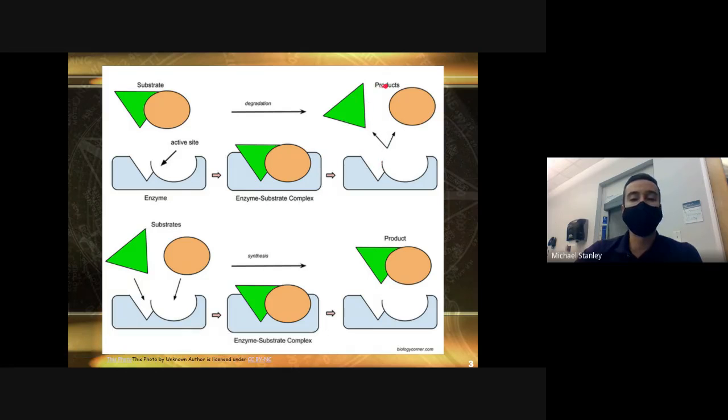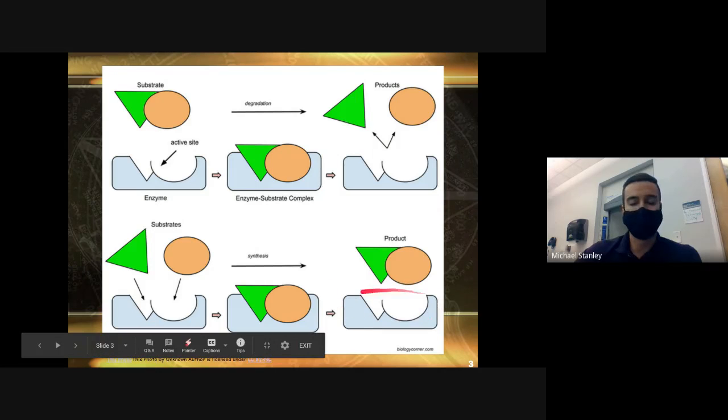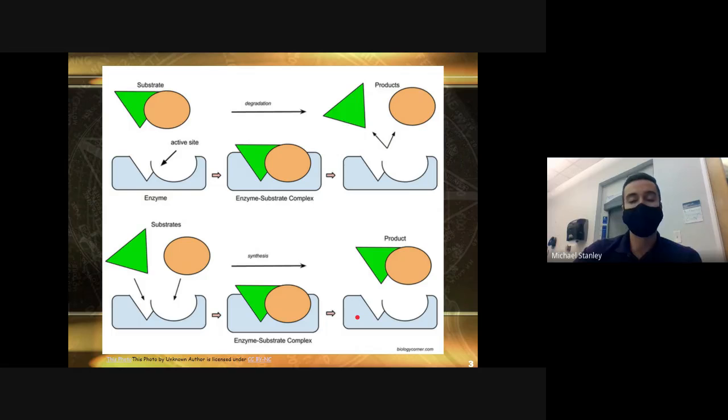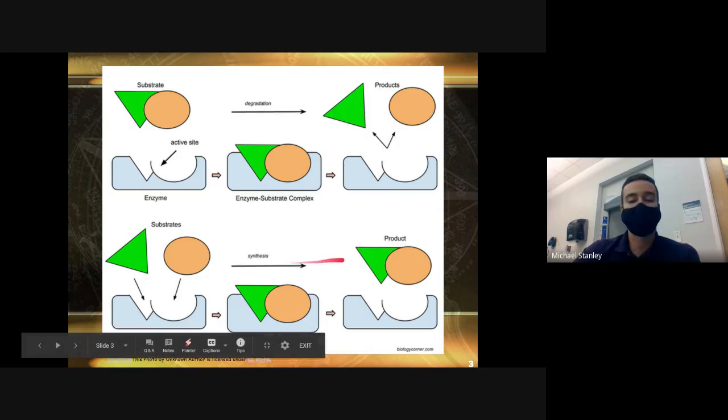And then the products, the new structures that we've just made, are going to be released from the enzyme. That active site is open again, and that means it's open for business, and we can redo this same reaction over and over and over again. Because again, the enzymes are not changed. They're not used up. As soon as the active site is free, we're able to bring in some more substrates and do it all again.